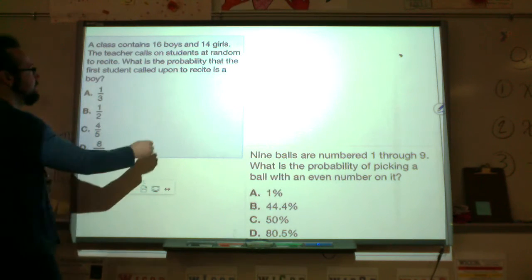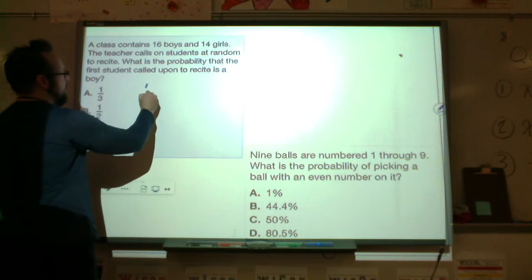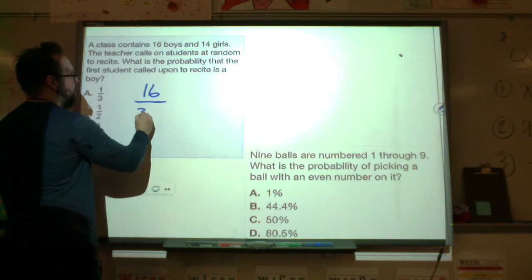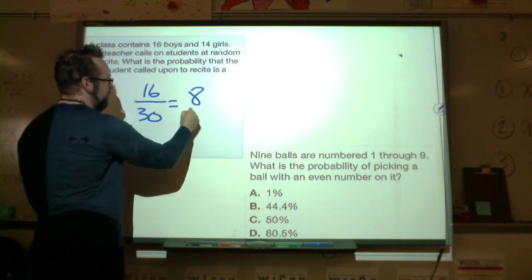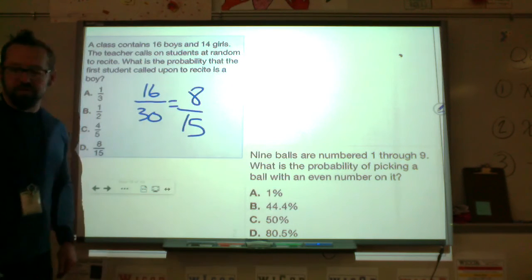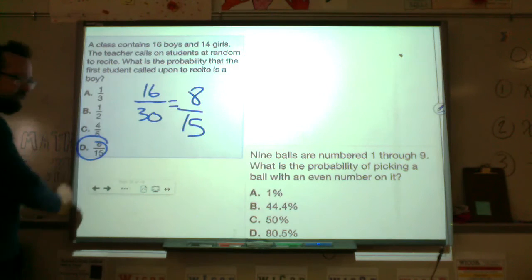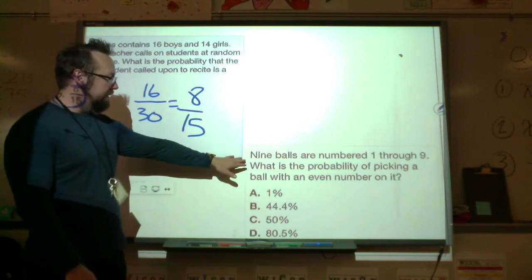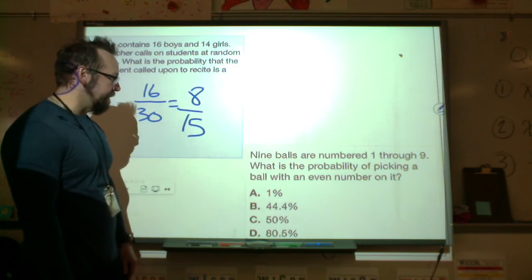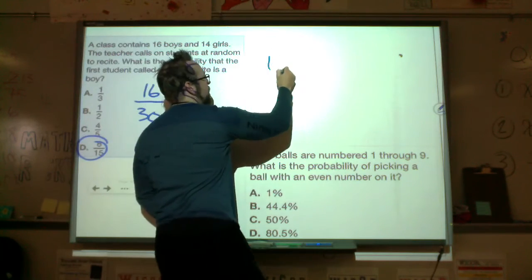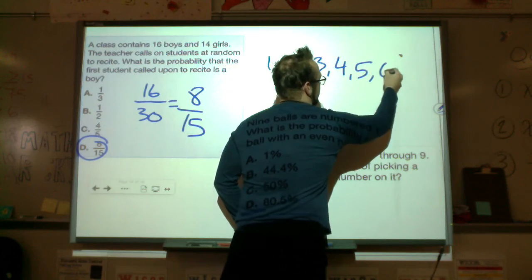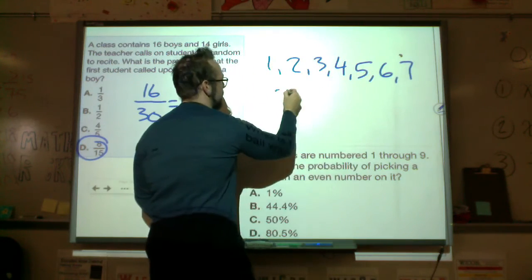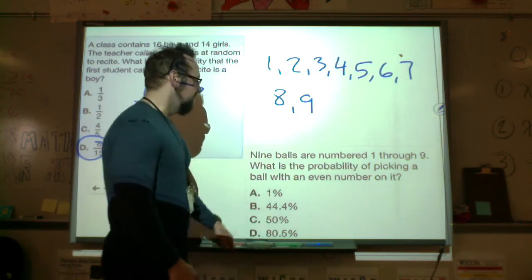Answer to this one is 16 out of 30, which isn't here, but again reduces to 8 over 15. If you got that, you're doing really good. The answer is D as in dog. And then here, 9 balls are numbered, so we have 1, 2, 3, 4, 5, 6, 7, 8, 9.